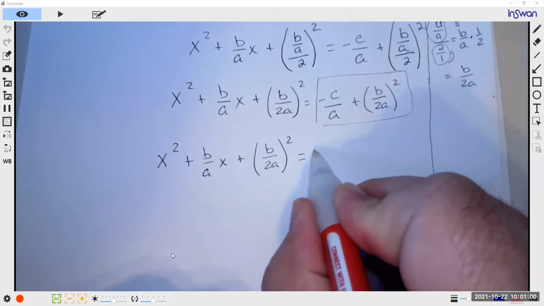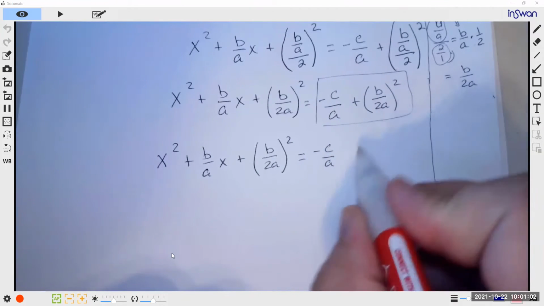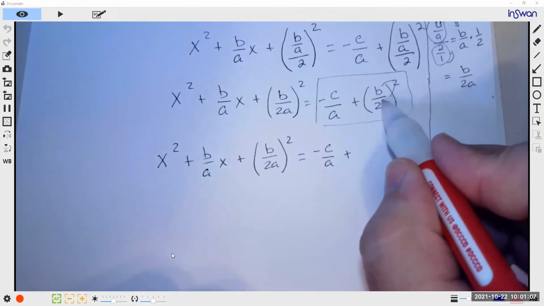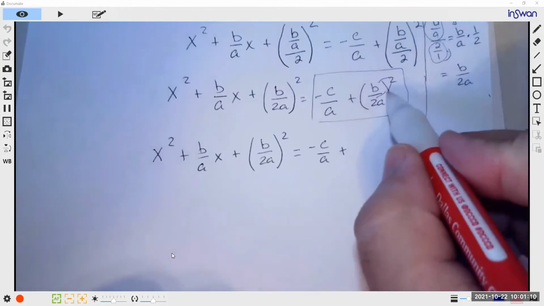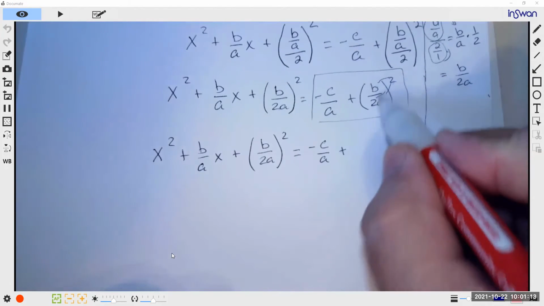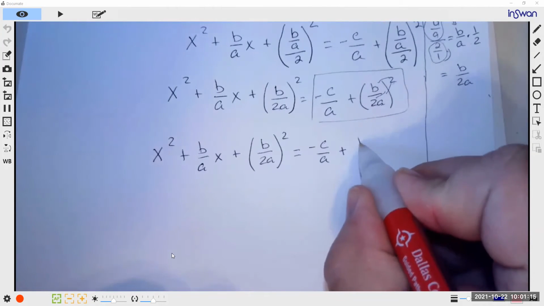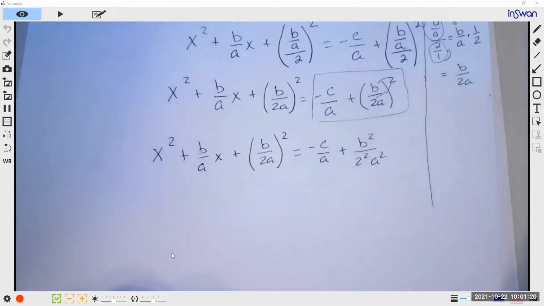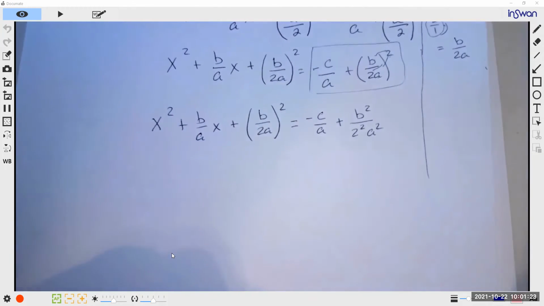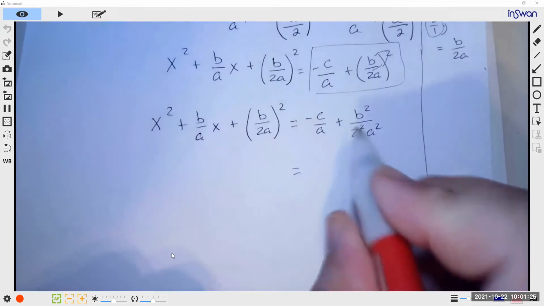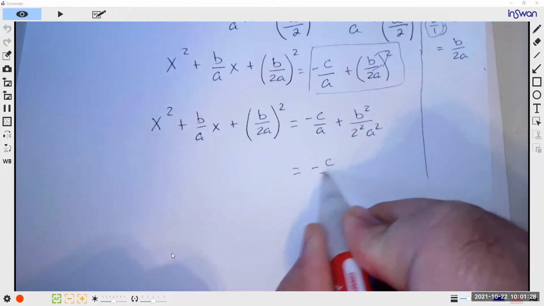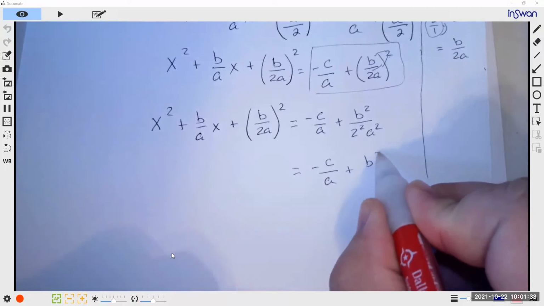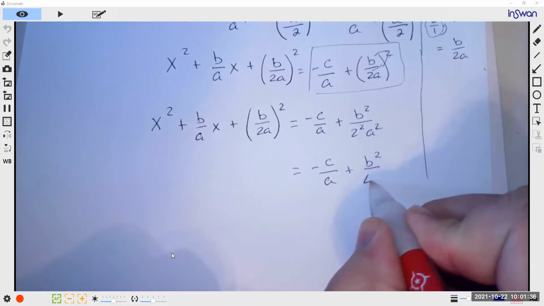On the right side, we have negative c over a plus, since this is squared, we square each of these separately. So distribute, this 2 goes to everything inside there. It's b squared over 2 squared a squared. Two squared is 4.